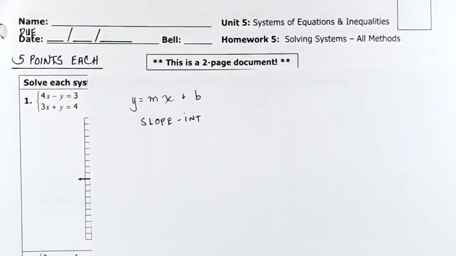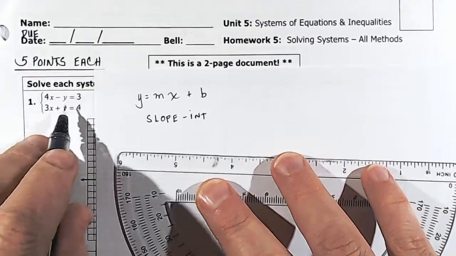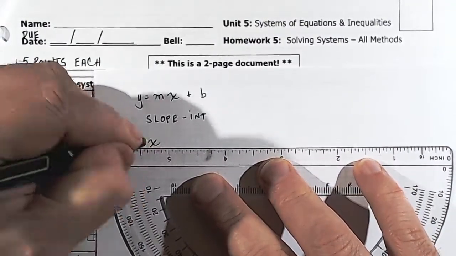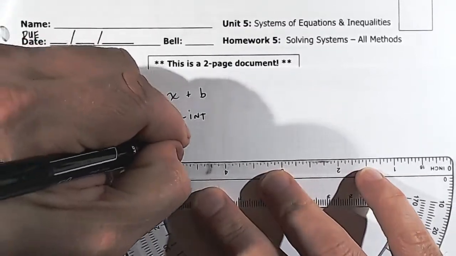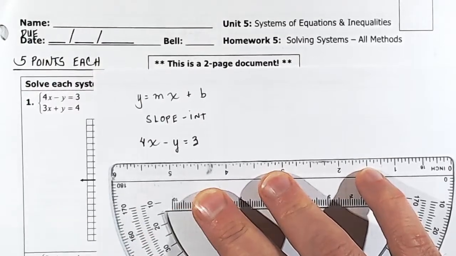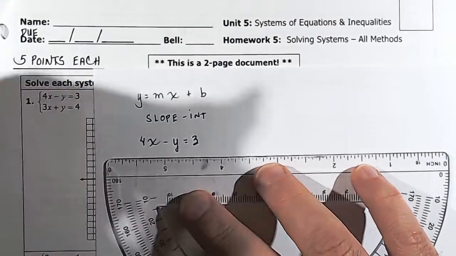Okay, so let's take our first equation here, 4x minus y equals 3. And we have to solve this equation for y. We need to get y by itself.